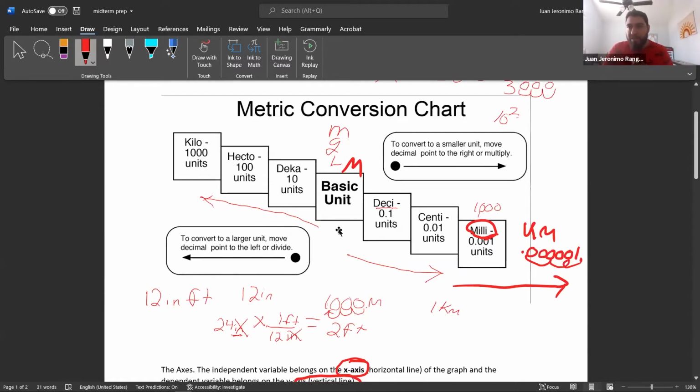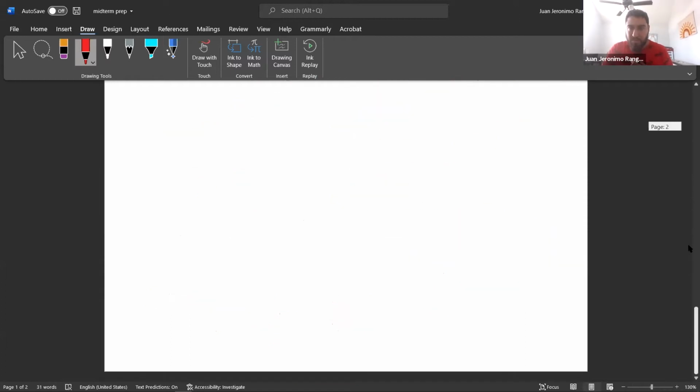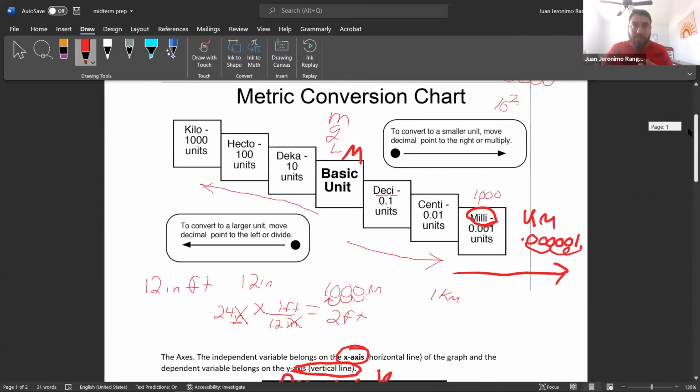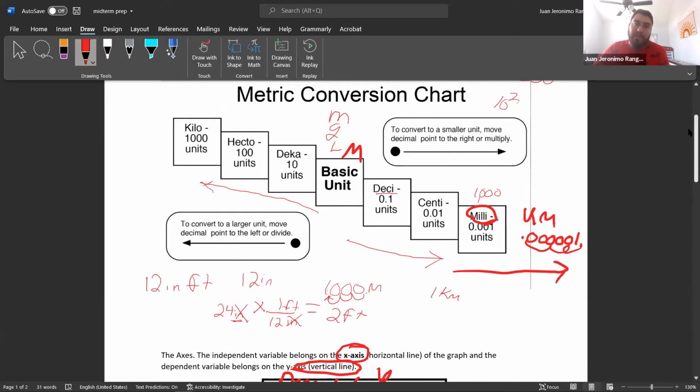I would remember, King Henry died by drinking chocolate milk, and then micro would be also on there. So usually we don't use deci. It's not a useful unit. We don't really use deca or hecto.